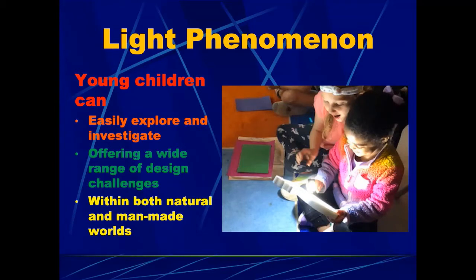Just as children make frequent design choices during their imaginative play, such as using cardboard boxes to construct a fort, light is a phenomenon that young children can easily explore and investigate, offering a wide range of design challenges within both natural and man-made worlds.